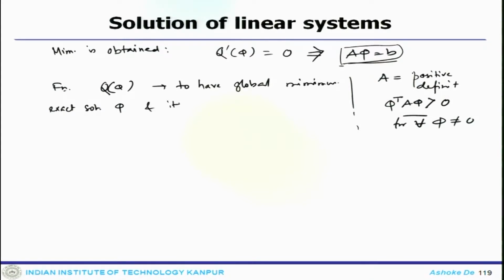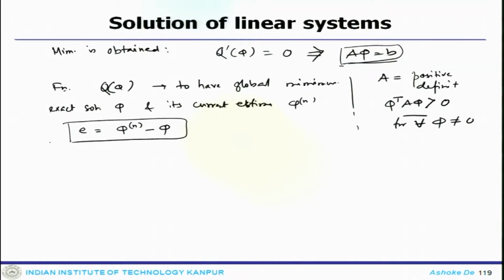and its current estimate, phi n. So, one can write that the error E is phi n minus phi, that is the error between successive iterations.